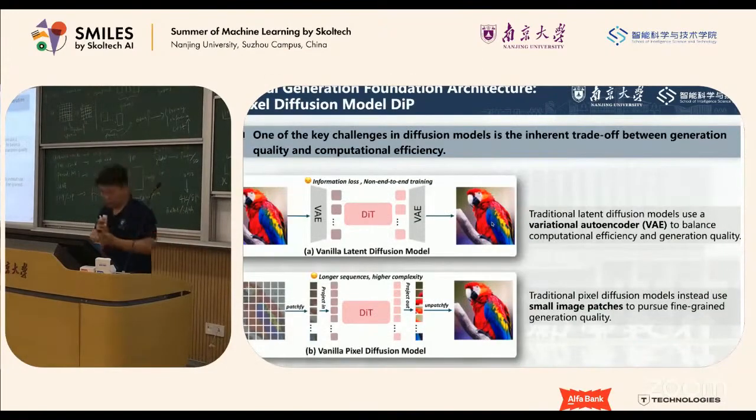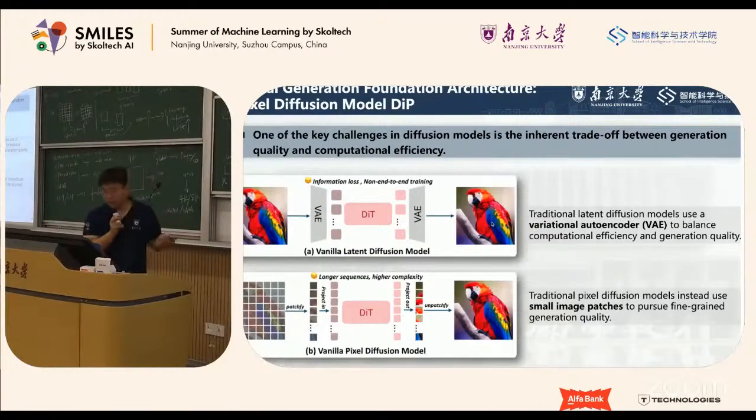And finally, we will briefly discuss the design of the foundation architectures, especially for the diffusion models. So diffusion models face an inherent trade-off between generation quality and computational efficiency.